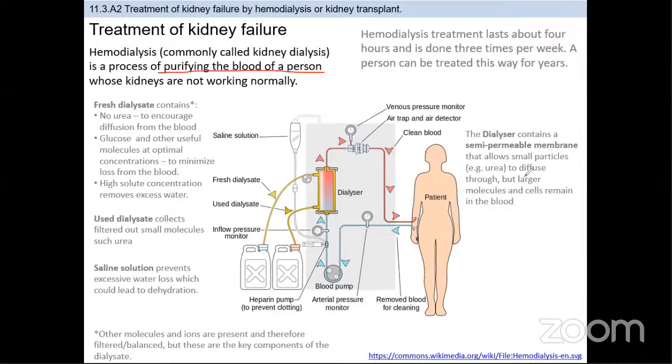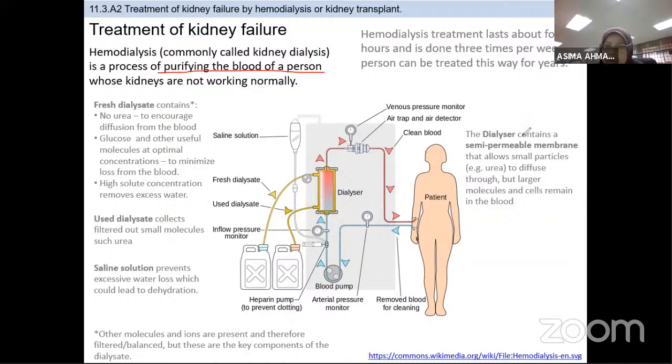Okay. Alright. So this dialyzer has this semi-permeable membrane that allows small particles to diffuse through. So meaning that urea boleh diffuse through this semi-permeable membrane, masuk dalam dialysate. Maksudnya urea from the blood, sebab tadi ada high urea content kan?